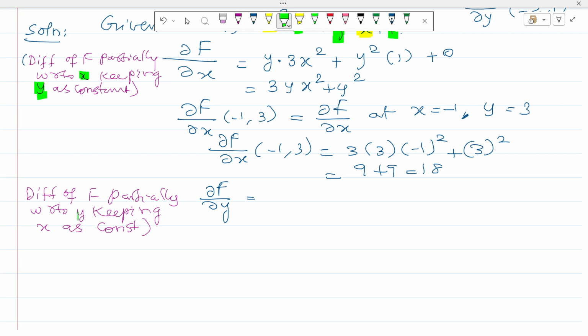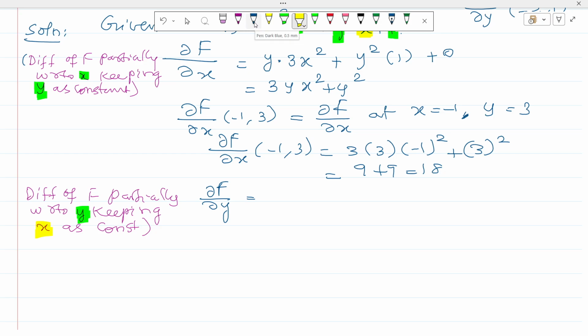So what is the variable here? y is the variable. Therefore, based on that f, you can write that y is a variable and x is a constant. x is a constant.